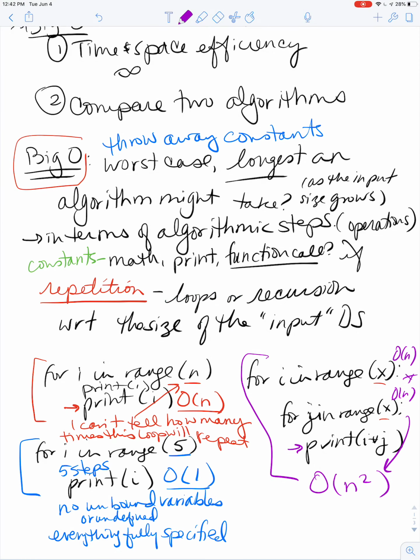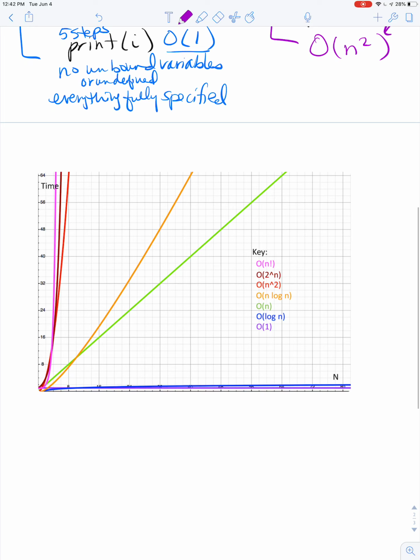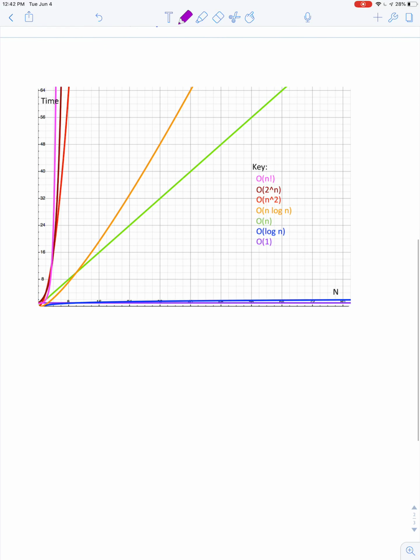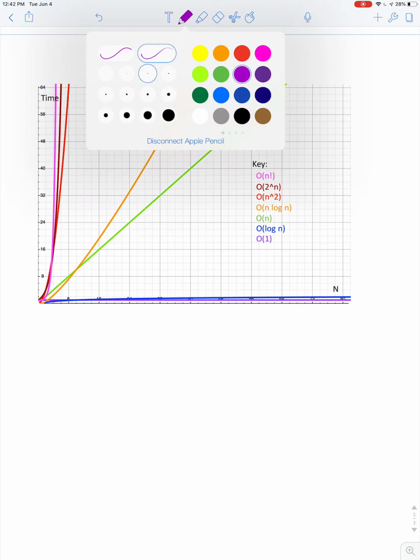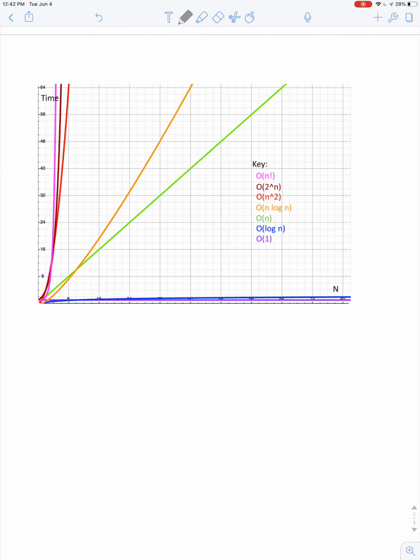Okay. Now let's move on here. So we have a little base of understanding. So now we get into some graphing a little bit. We were playing with functions that were O of n and O of n squared. So if you see, O of n is here. O of n squared is over here.